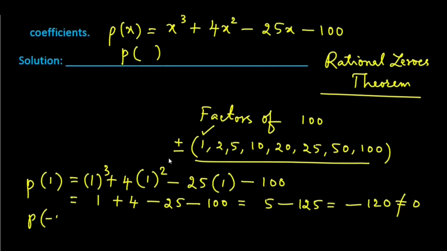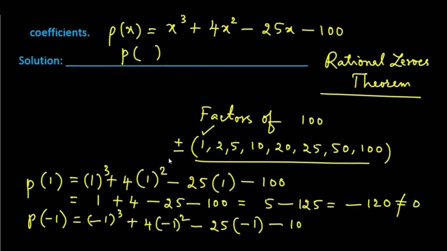What is p of minus 1? Minus 1 whole cubed plus 4 into minus 1 square minus 25 into minus 1 minus 100.